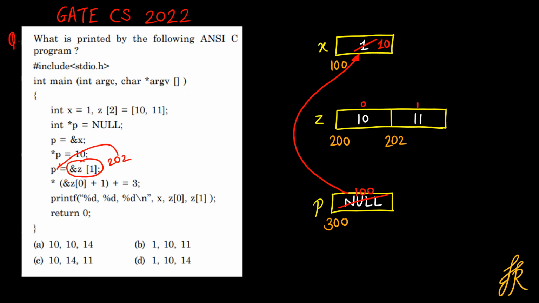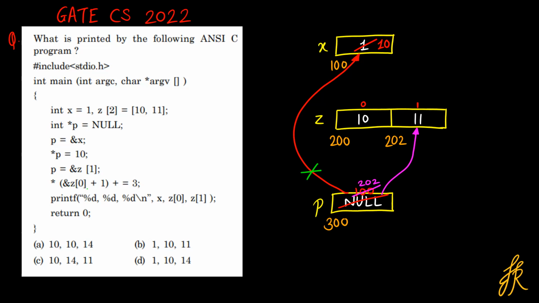We are trying to store 202 in p. Now we'll cut this and write 202. If you do it this way, we are pointing here, and this link won't be valid now.